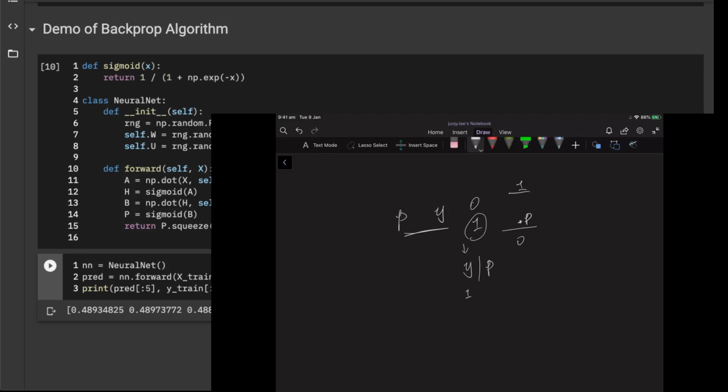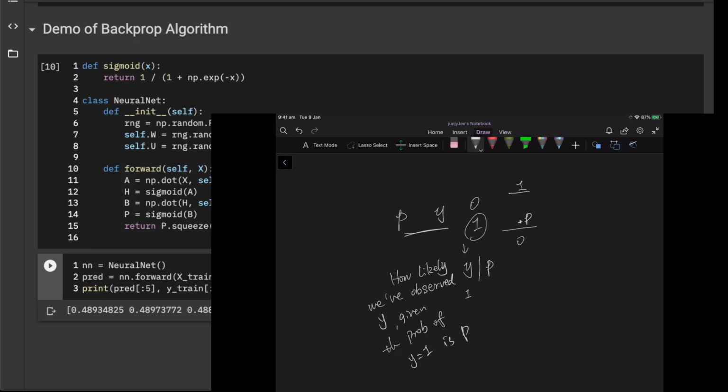Then how likely is this situation? How likely have we observed y, given that the probability of y equals 1 is p?